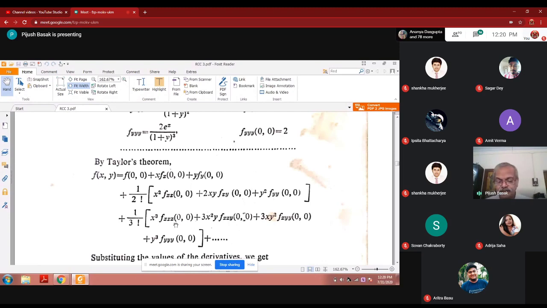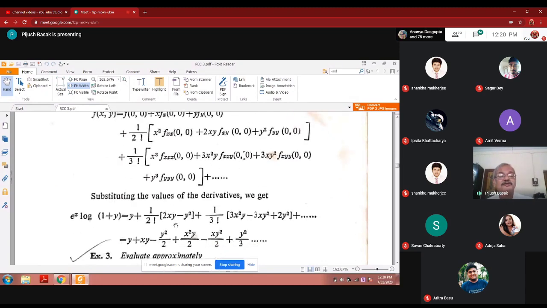So substitute the previous values here. The Taylor series expansion of the function in the neighborhood of the point (0, 0) is y plus 1 by factorial 2 (2xy minus y square) plus 1 by factorial 3 (3x square y minus 3y square plus 2y cube) plus dot dot dot. So the job is over for this problem.